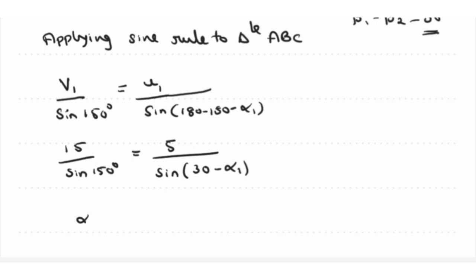If you solve, you will get alpha 1 is equal to 20 degree 24 minutes.